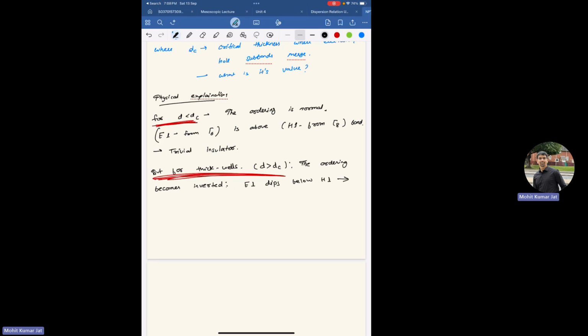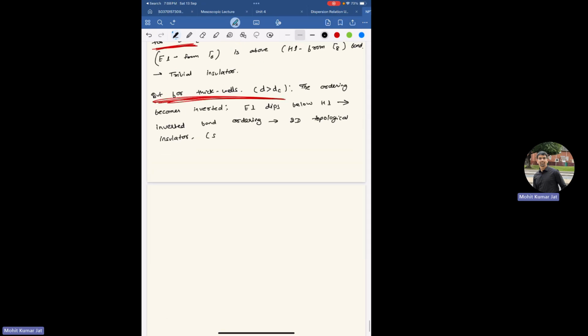This leads to the inverted band ordering, and that leads to the 2D topological insulator. And that gives the quantum spin Hall phase.